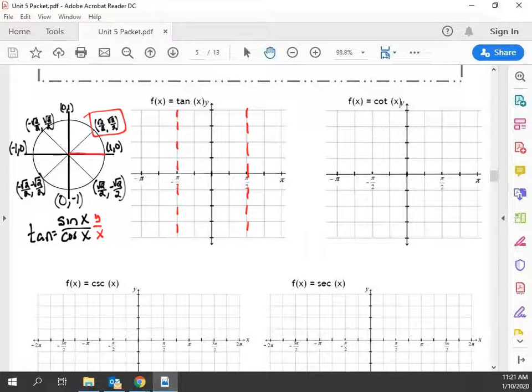They are the same. Remember, guys, tangent is y divided by x. So what do you think something divided by its same self is equal to? 1. So that tells you at every 45 degrees, or in the middle of a quadrant, you're going to get 1 or negative 1 every time.